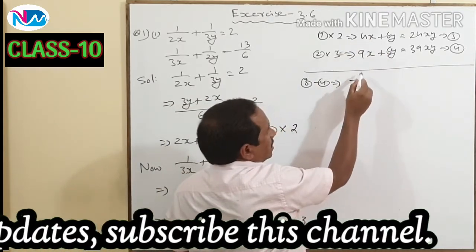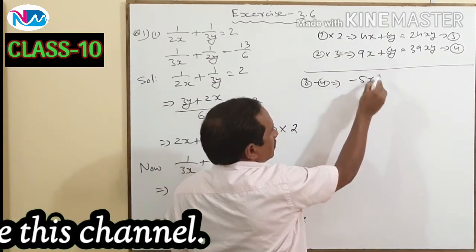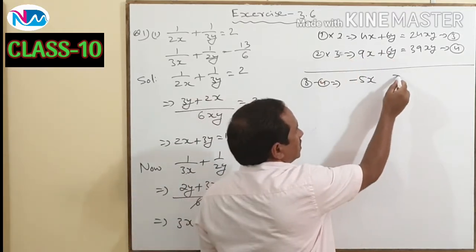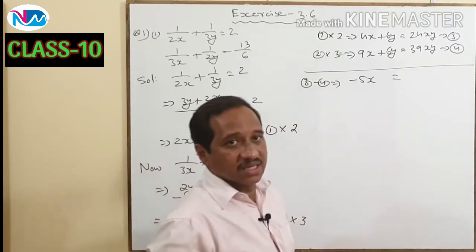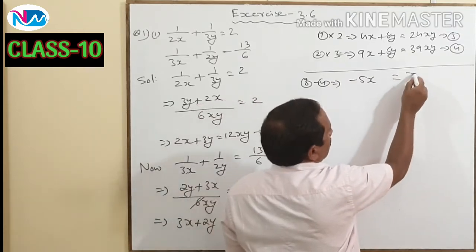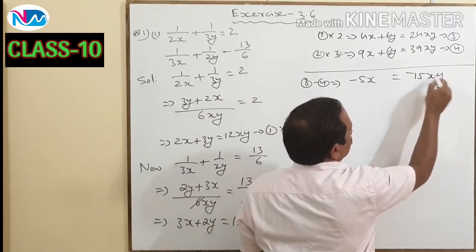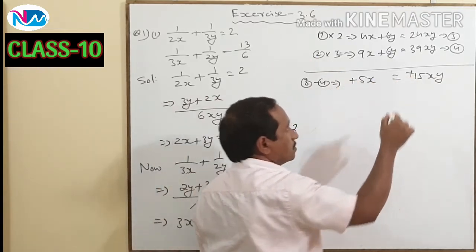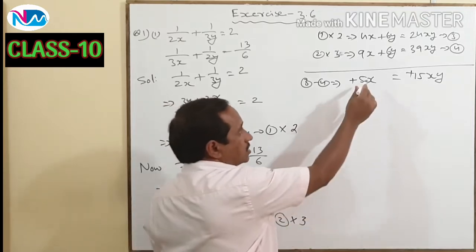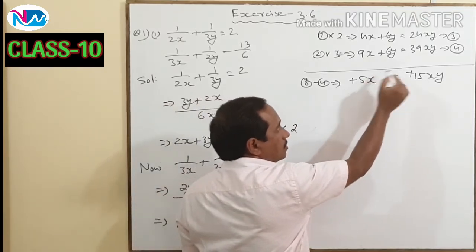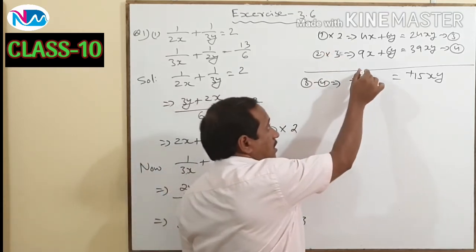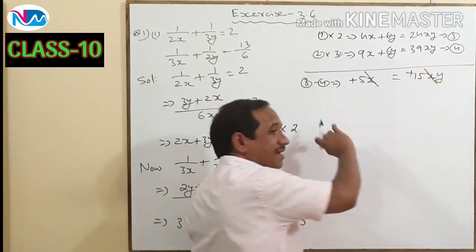This gives 4x minus 9x, that is minus 5x. 6y minus 6y will be eliminated, is equal to 24 minus 39, is equal to minus 15xy. Now minus will get positive, and in both the sides you can see x. X also can be cancelled.